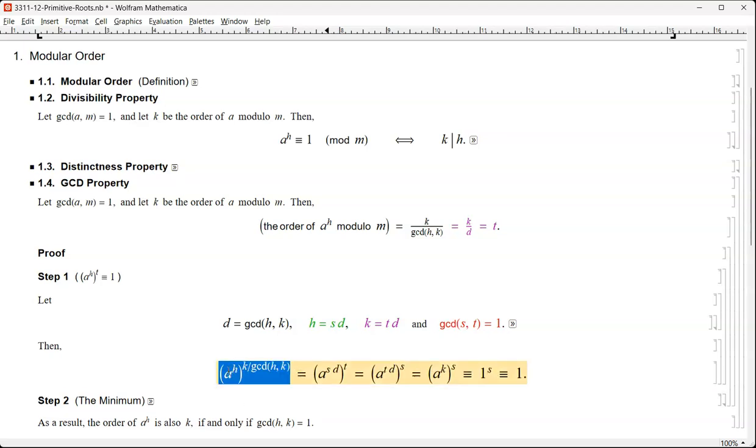And this thing here can be rewritten as K over GCD, so K over D. So this thing is T, do you see that? GCD is D, so A to the H power to the K over D power can be expressed as T power, as I'm highlighting in purple right now.